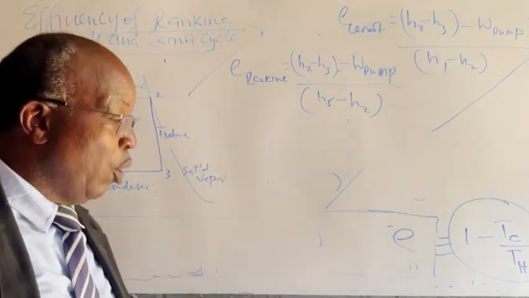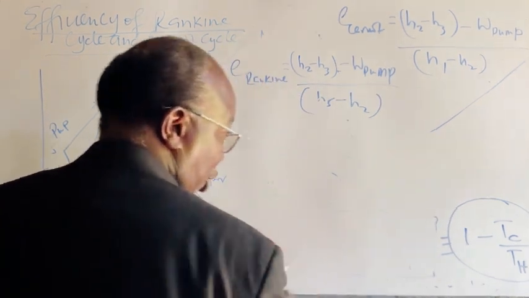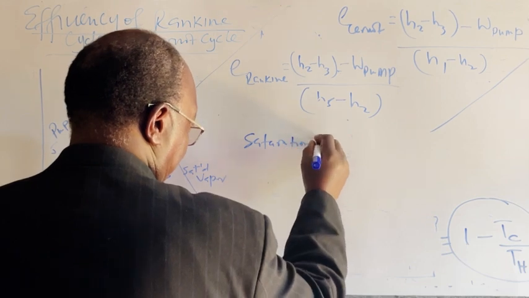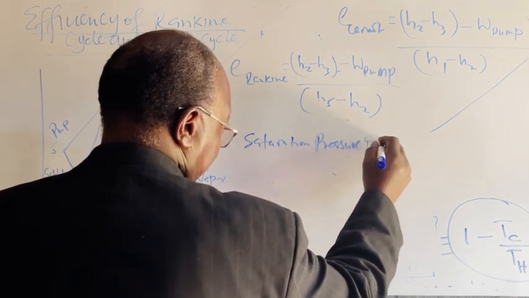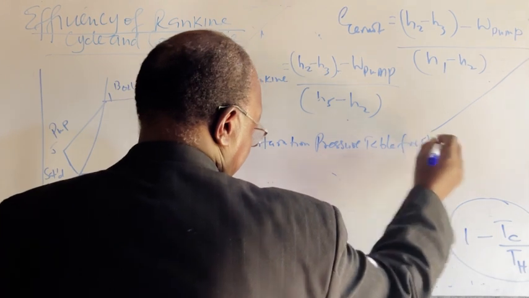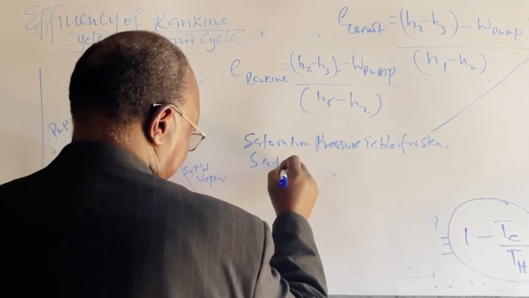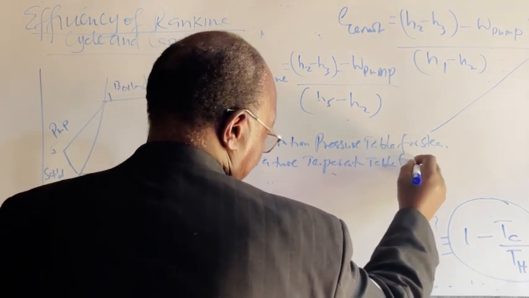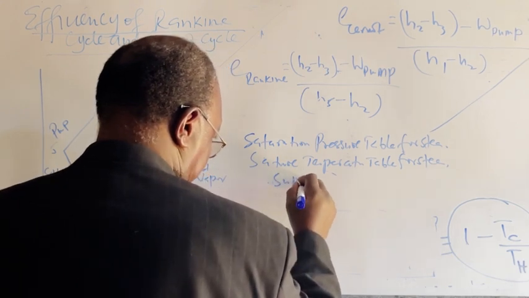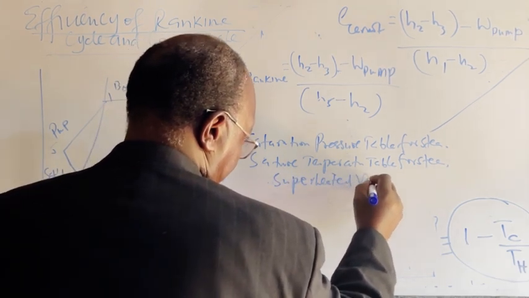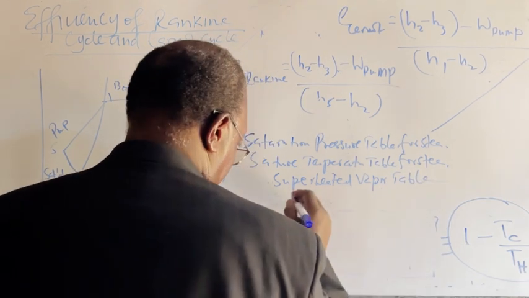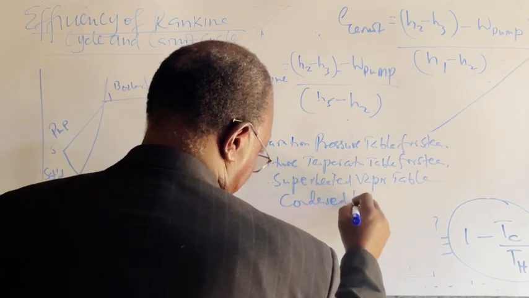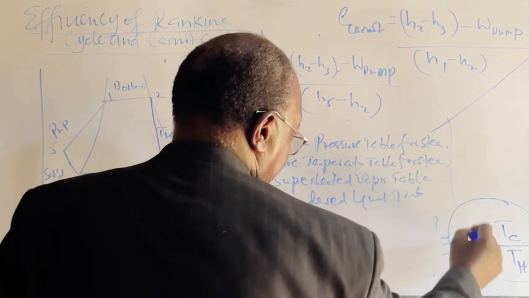We have steam tables which give us the saturation pressure table for steam, the saturation pressure, saturation temperature table for steam, the superheated vapor table, and the condensed liquid table. These are in the steam tables.